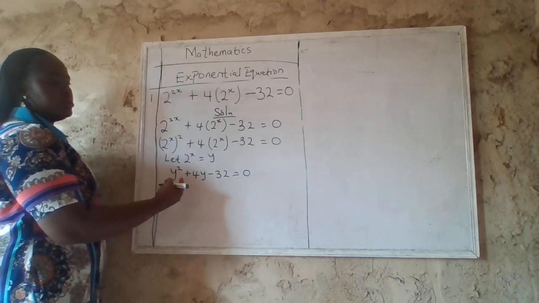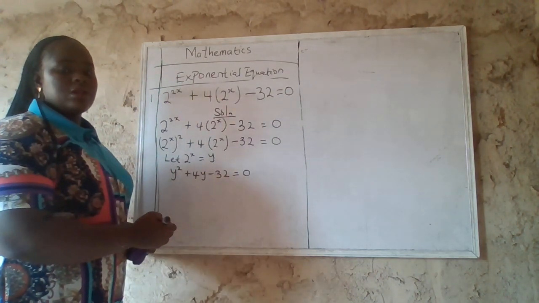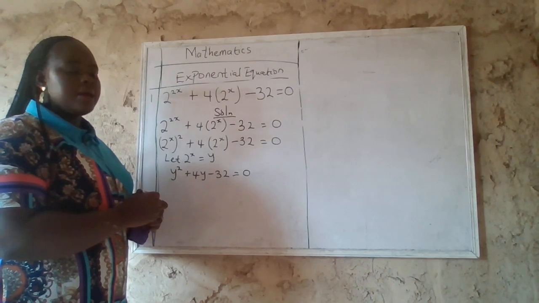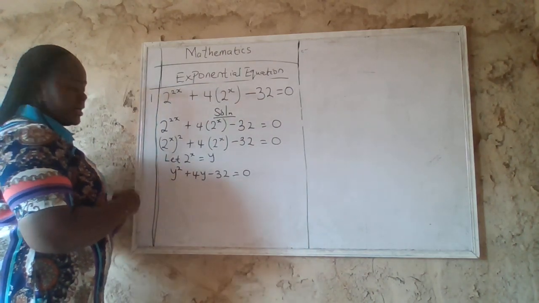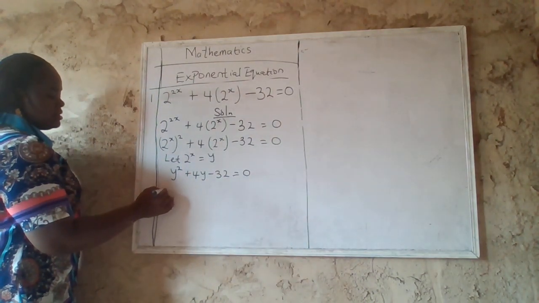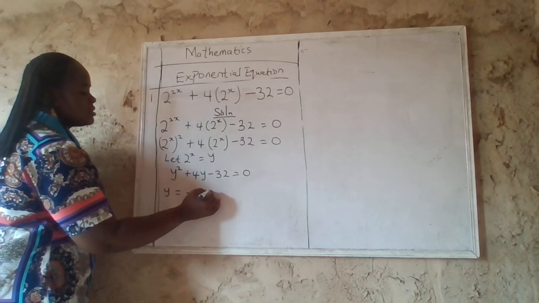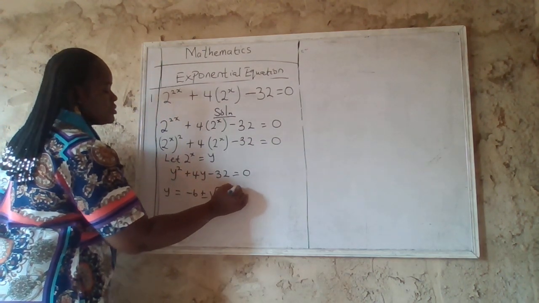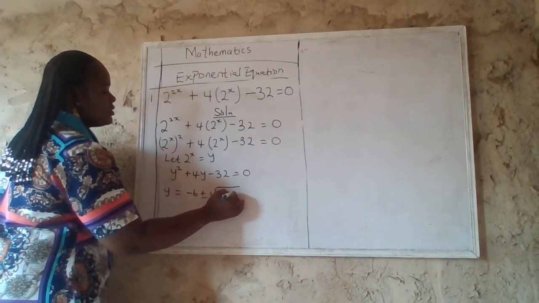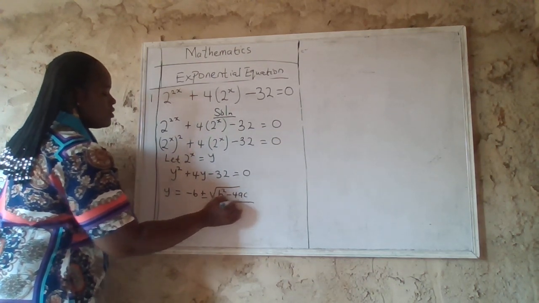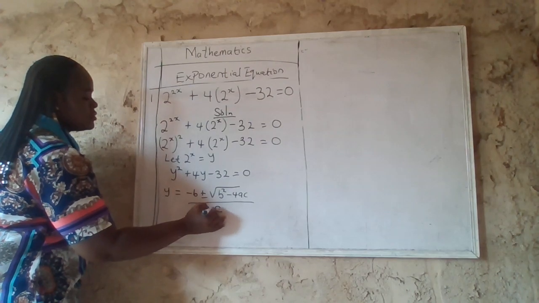We can choose any of the methods of solving a quadratic equation to get our y. So let's go by the formula method. y is equal to minus b plus or minus the square root of b squared minus 4ac, all over 2a.